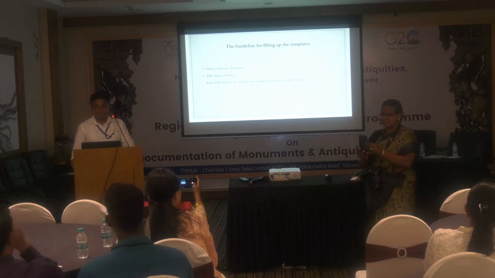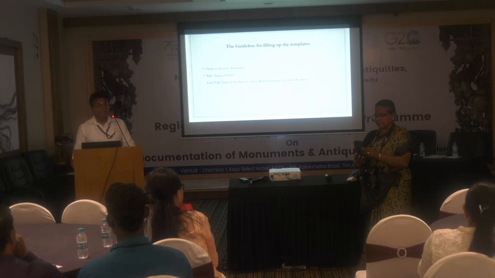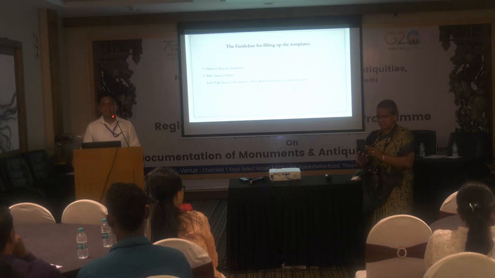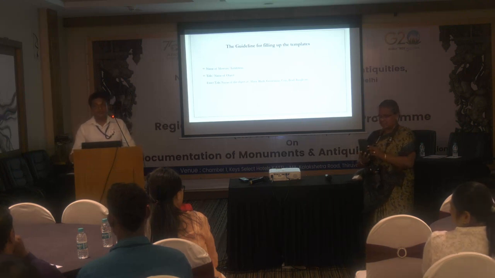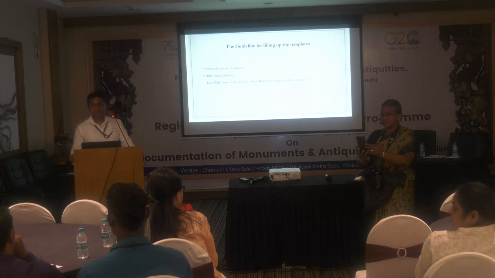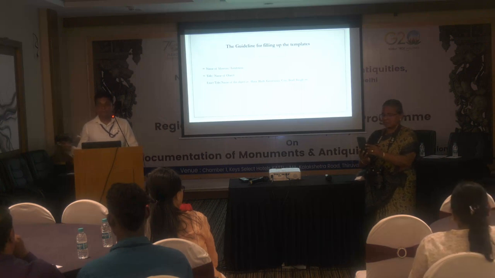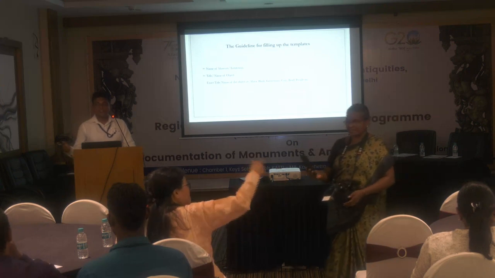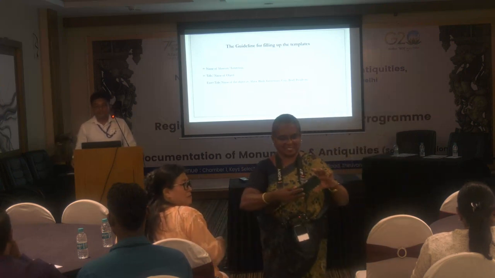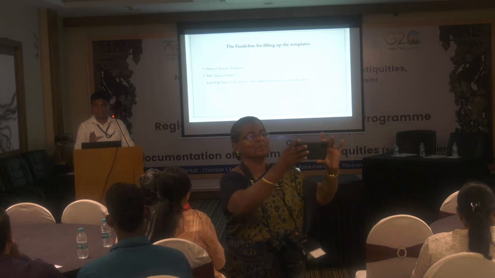Then the second parameter is title or name of the object. If a particular antiquity is a bead, the title will be bead. If it is a coin, the title will be coin. If it is a Shiva, Vishnu, Buddha or Mahavira sculpture, the title will be Shiva, Vishnu, Buddha or Mahavira. This depends on the object.